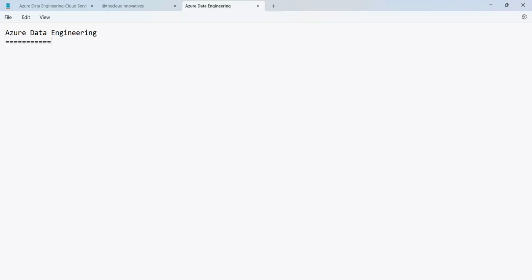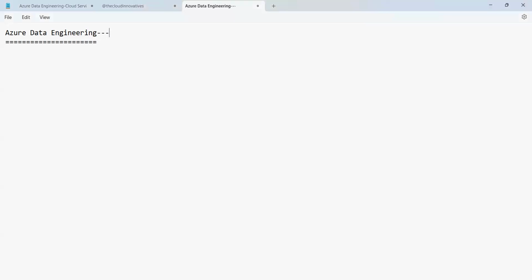So when we talk about the Azure Data Engineering, okay, guys, here I'm using the Azure Data Engineering.